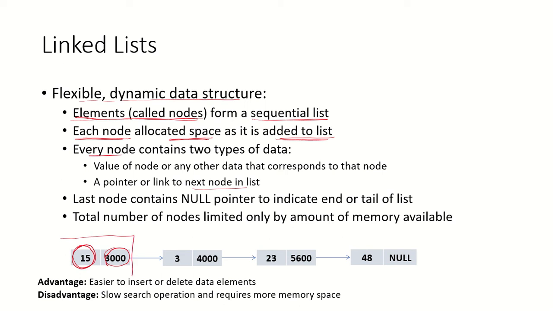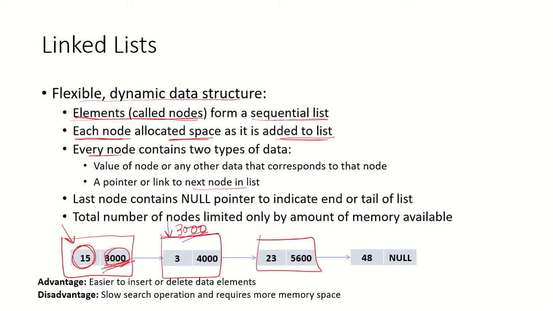So this is one node over here, this is another node, and so on. As and when a new node is added, more space will be allocated to that particular node. You can see that this is the first node and this 15 is the value of this node. 3000 is the memory address of the next node. That means the next node is present at memory address 3000.